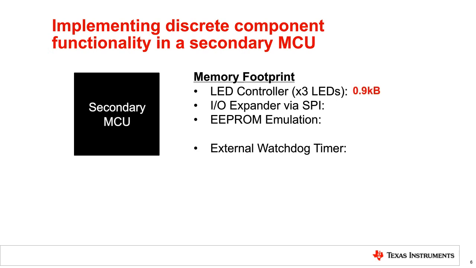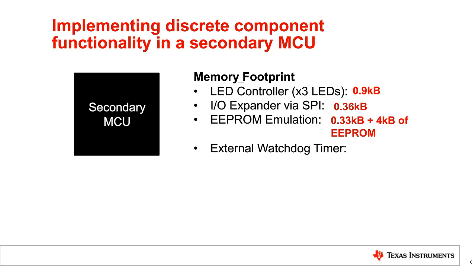So to integrate an LED controller controlling 3 LEDs in software, you're looking at about 1K of memory. For an IO expander, another 0.36K. Say I wanted to emulate 4K of EEPROM in my FRAM memory on the MSP430 MCU.